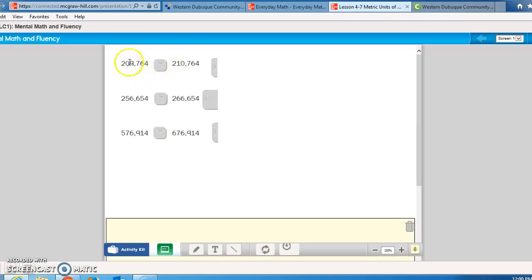In the 10,000s place, you don't have any in this number, but you do have 1 in this number. So that tells me that 210,000 is greater than 209,000, but since 209,000 is first, I would use the less than sign. Again, the alligator's mouth is eating up the bigger number.